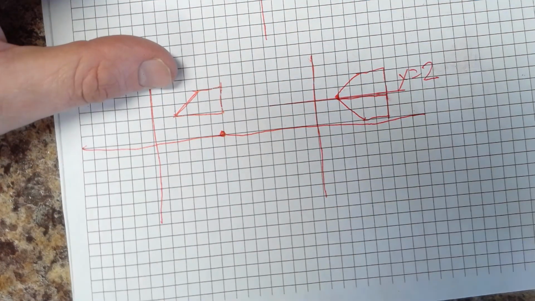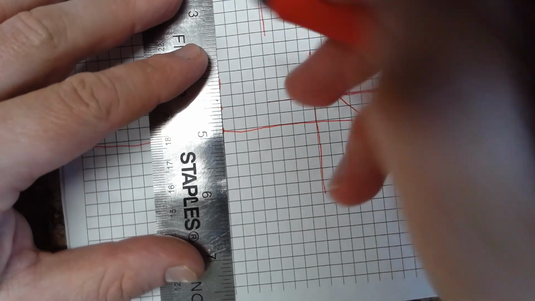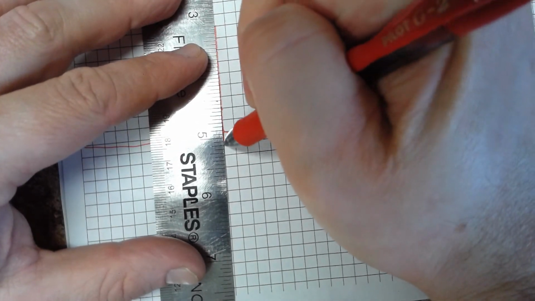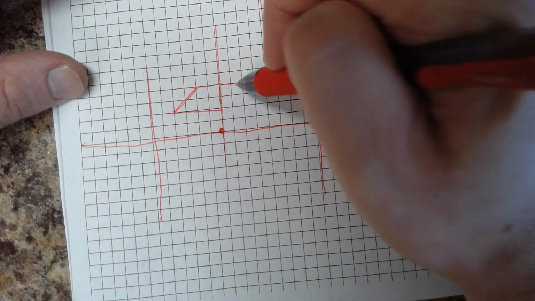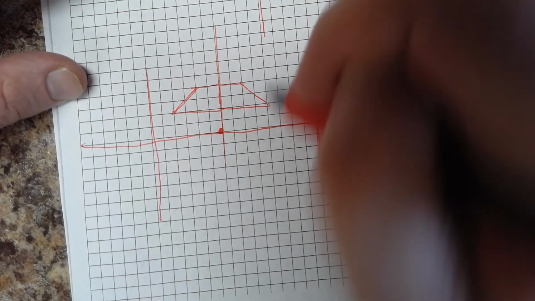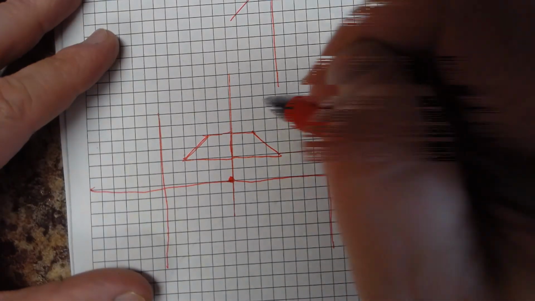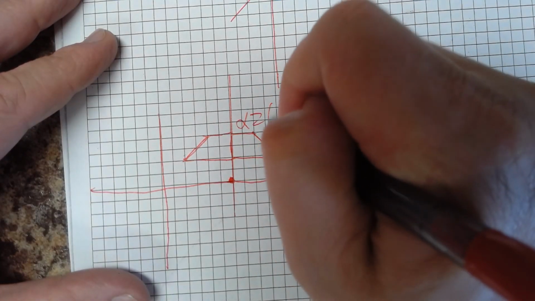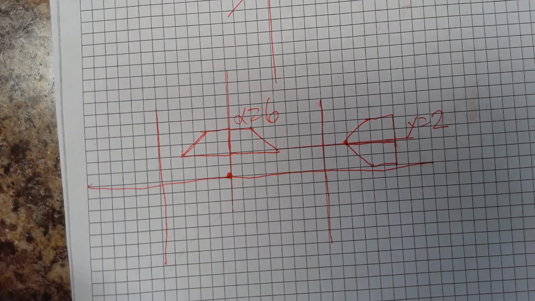Going across on the horizontal line, 6 spaces, we make our line, and we draw our flipped over shape. And that's that. So this is where x equals 6. Horizontal is x, y is vertical.